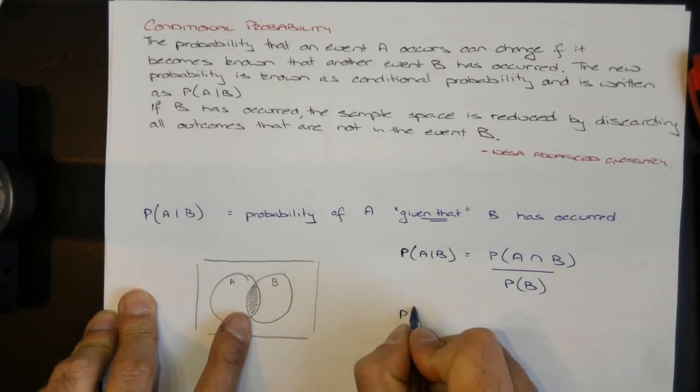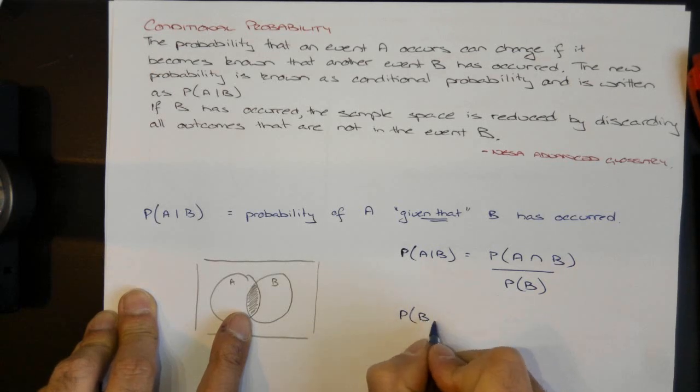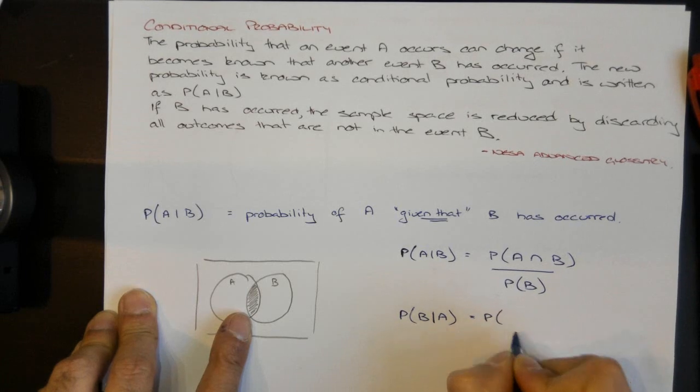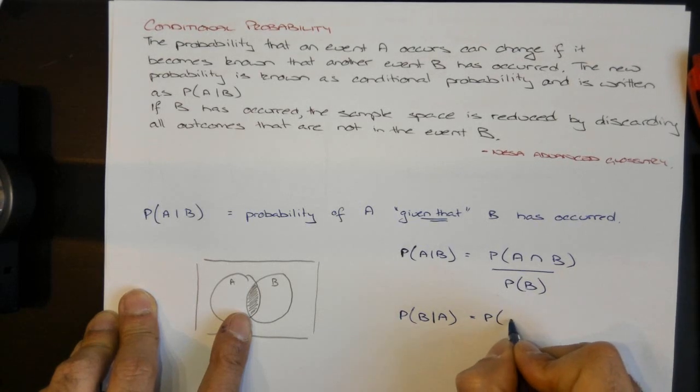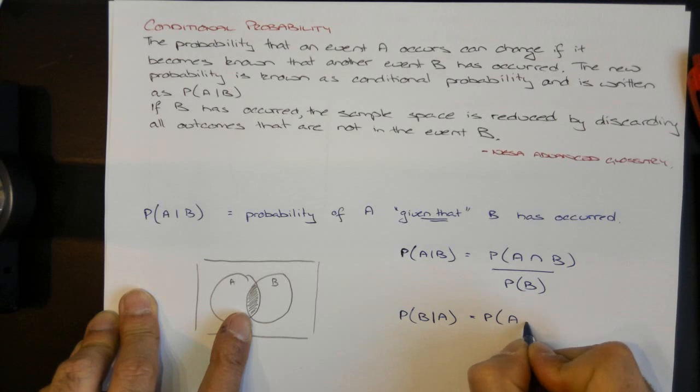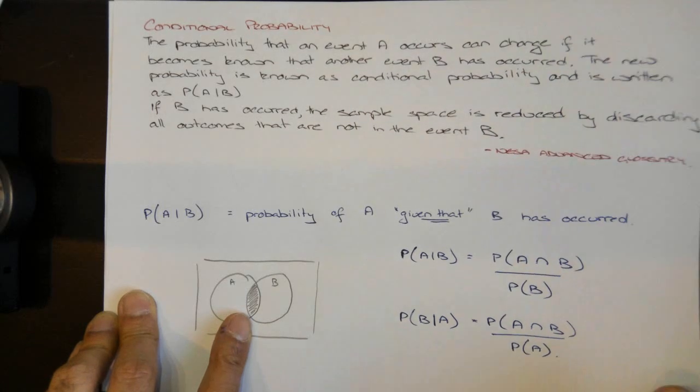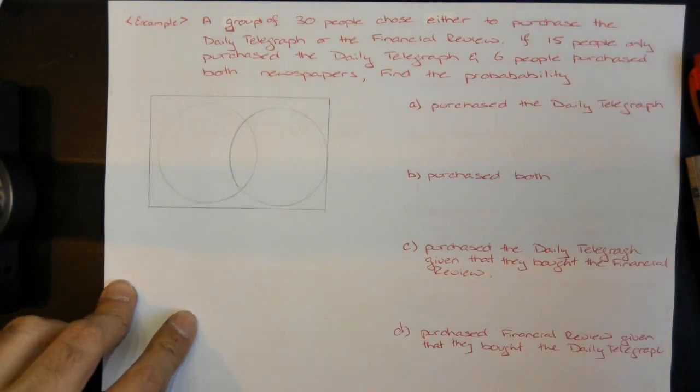If you had it the other way, the probability of B occurring given that A has occurred, it's the intersection, which is still A and B, or B and A, the same intersection, over A. Okay, let's do some examples.